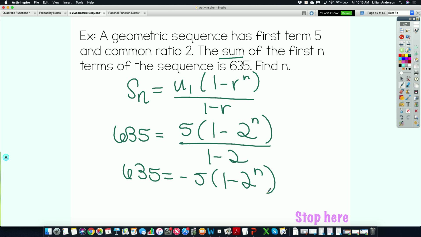Then I could also do what if I wanted to simplify? Distribute the 5? Can't distribute 5, because, again, this n applies to the 2. But I could divide by negative 5. That becomes a negative 127. Is that what 635 divided by 5 is? Okay.